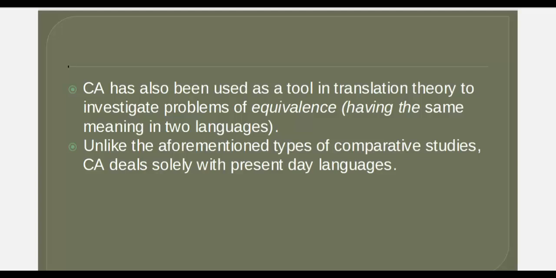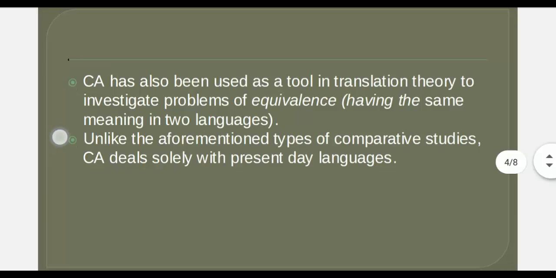Unlike the aforementioned types of comparative studies, CA deals solely with present-day languages. I think that's all about the definition of contrastive analysis.